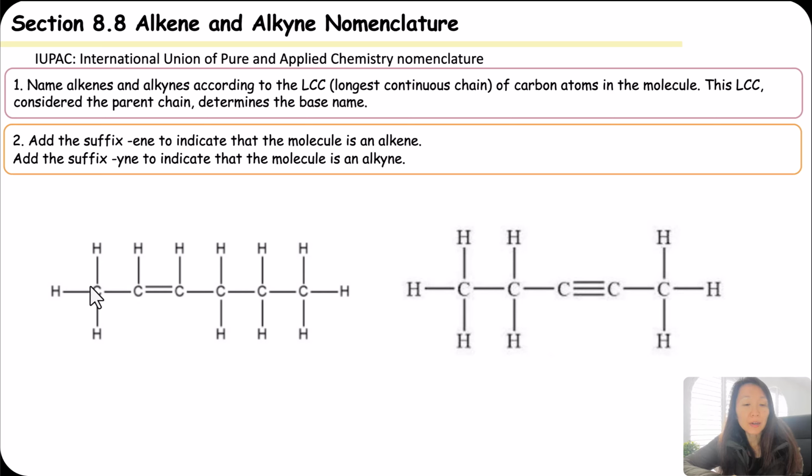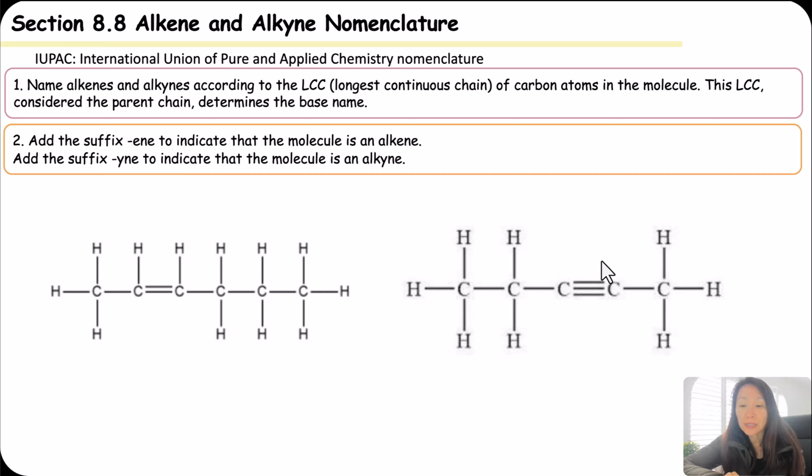So we go ahead and number them 1, 2, 3, 4, 5, 6. That long chain right there is 6. So it has to do with hex. But instead of saying hexane, because there's a double bond, we add the suffix: hexene. Okay, so instead of ane, we write ene.